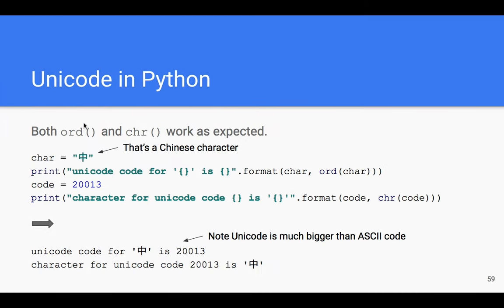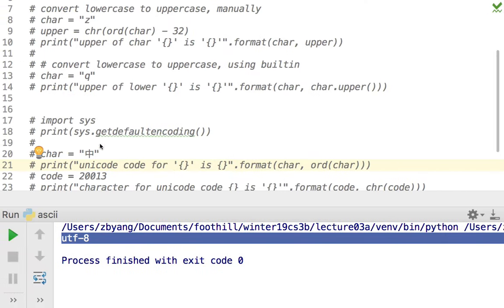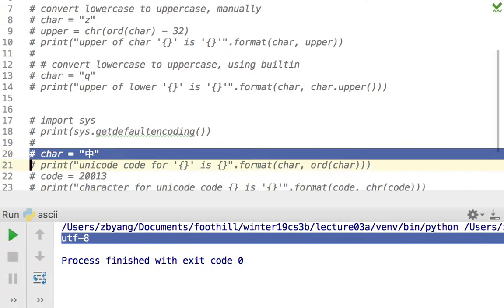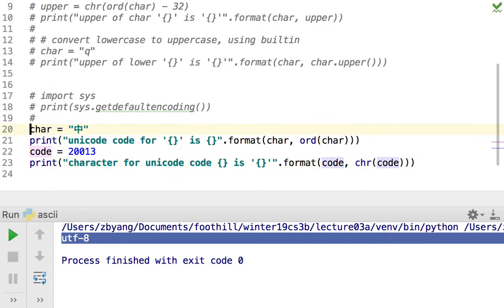And to show you that it actually represents non-English alphabets, this is a Chinese character, okay? The good thing is that what we just said about ordinal and character conversion works exactly the same way as it did for ASCII.